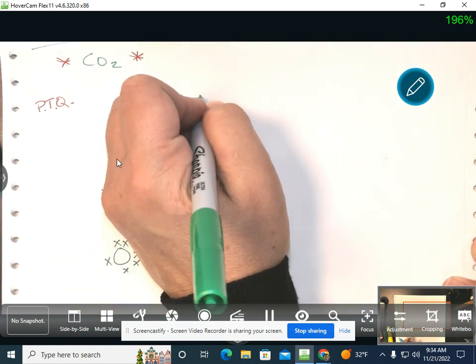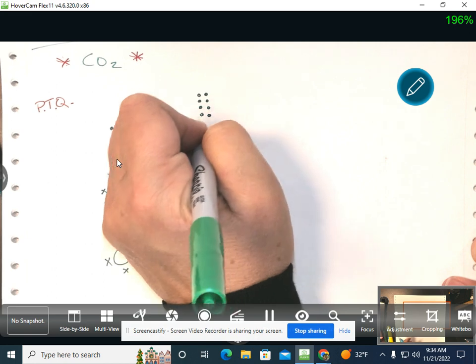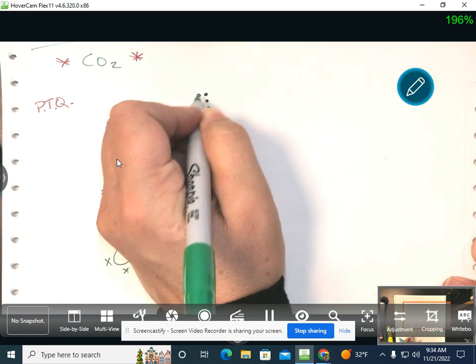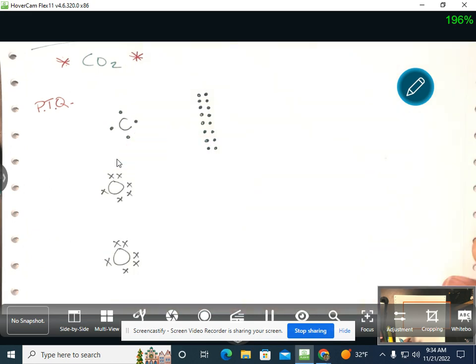Which means I have 8 pairs of electrons. 1, 2, 3, 4, 5, 6, 7, 8. So imagine I strip all of the electrons away from these guys, and I make pairs. So I have 16 electrons, which is 8 pairs.